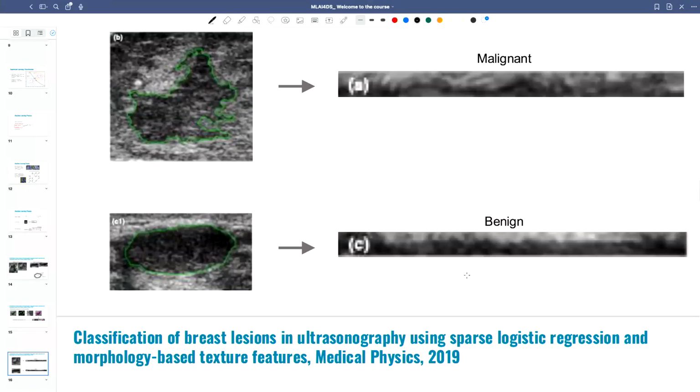And as you could already see, the benign tumor or lesion has certainly a white region on top and a black region here, whereas the malignant one, because the shape is such a crazy thing, has a lot of textures and irregularity. And as I said, our descriptors could quantify that texture.